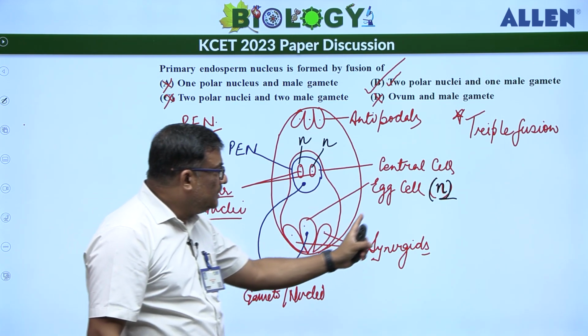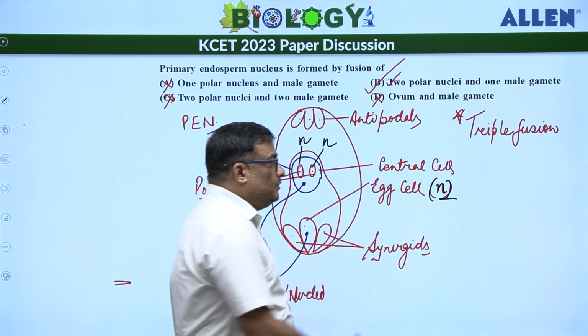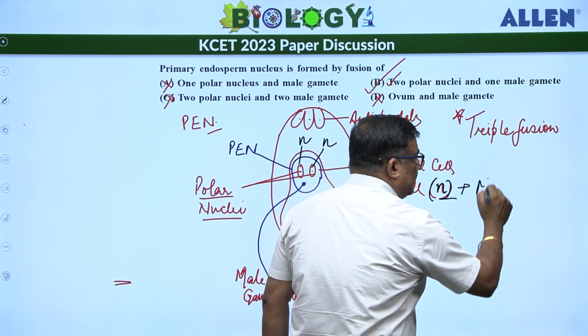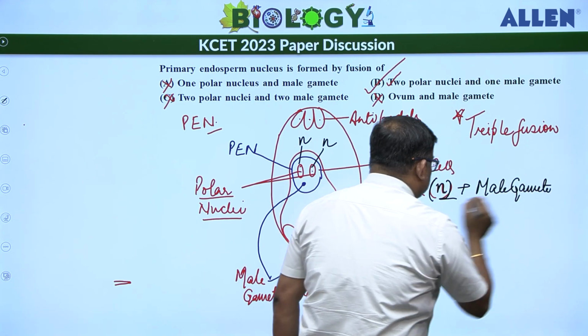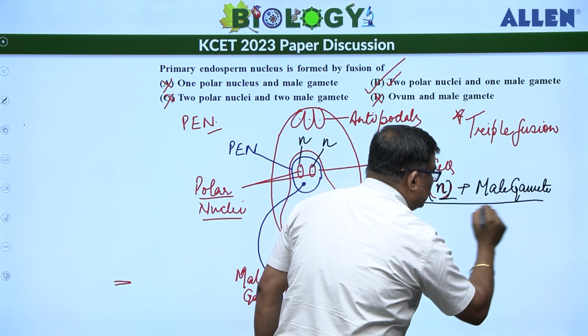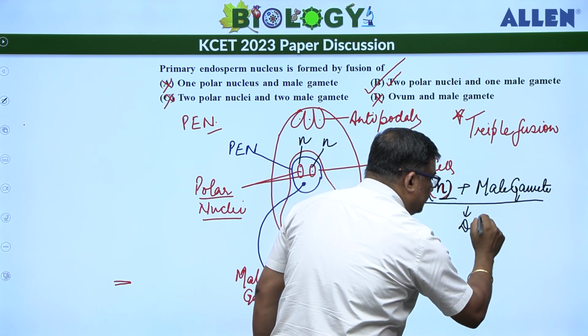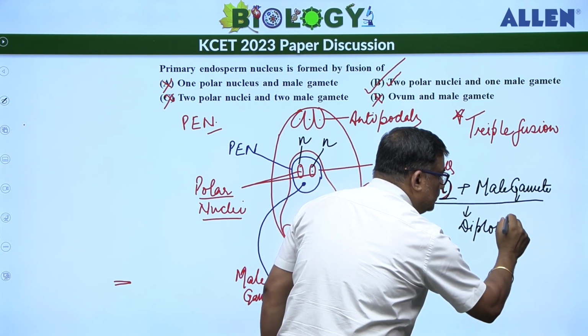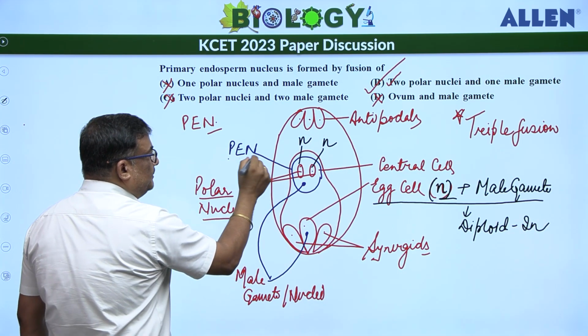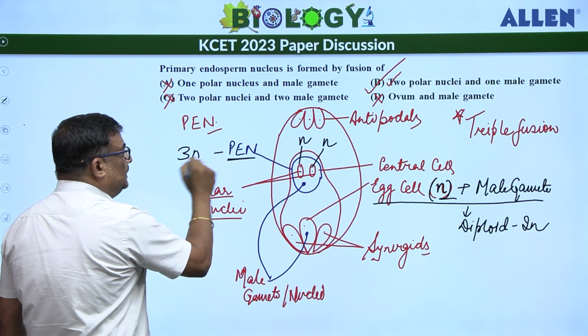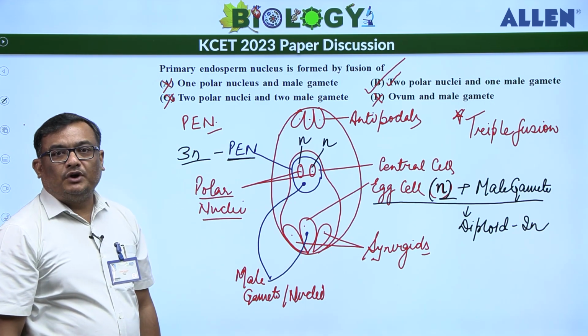After fertilization, the ploidy of the egg cell is changing, because this egg cell will also combine with your male gamete. After this, the egg cell becomes diploid, that is your 2N. And the primary endosperm nucleus becomes 3N. That is going to be your triploid condition.